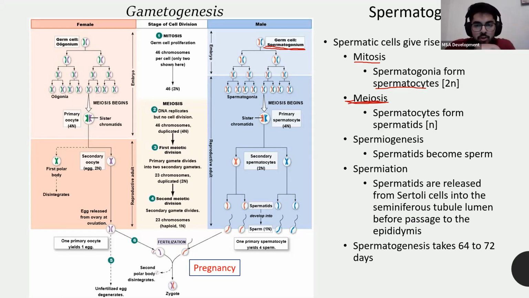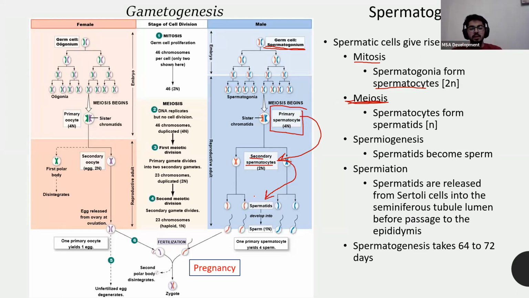We start meiosis with a primary spermatocyte, which is originally a spermatogonia that differentiated into a spermatocyte. This primary spermatocyte will undergo meiosis 1 and produce two secondary spermatocytes. Then these secondary spermatocytes are going to undergo meiosis 2, and they're going to produce these spermatids.